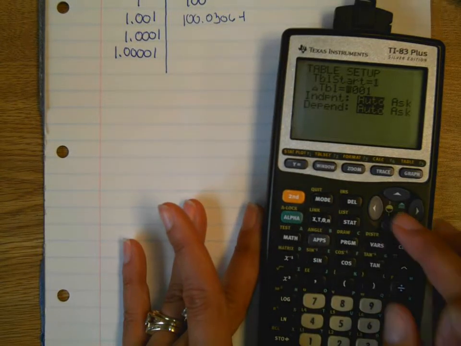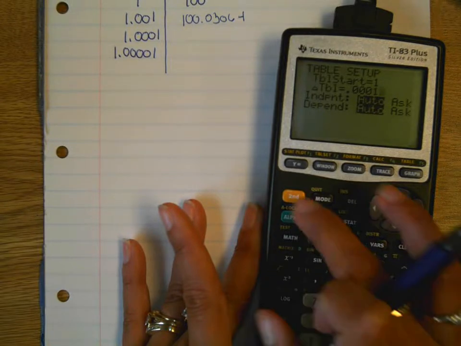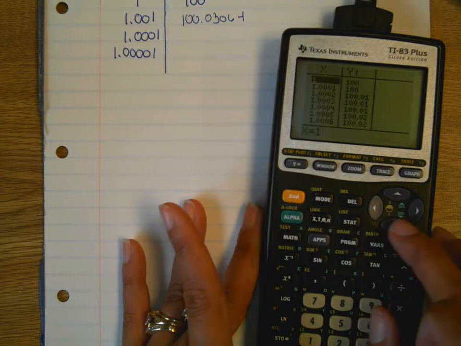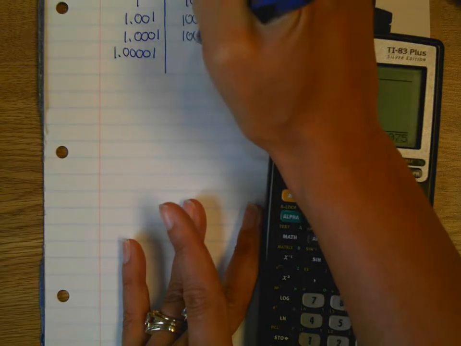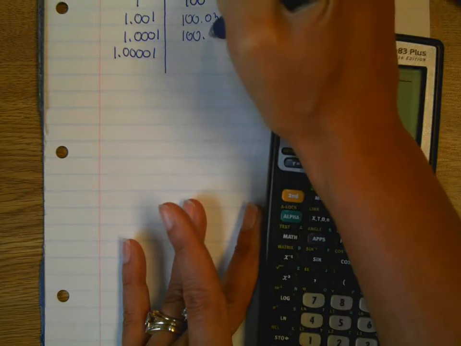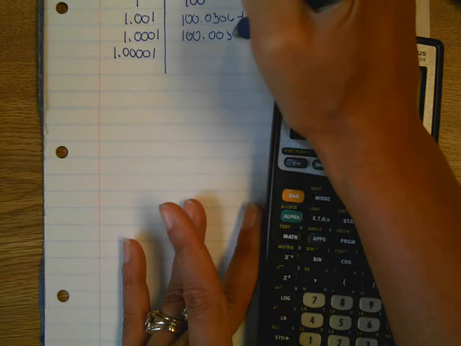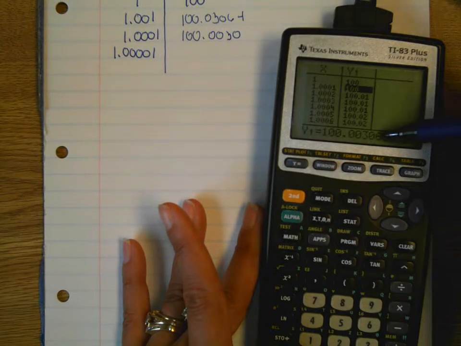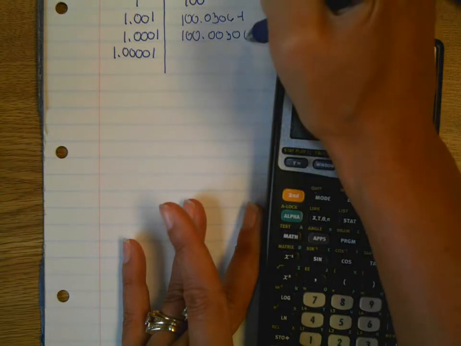Doing the next one, changing that to 0.0001, 100.003068.